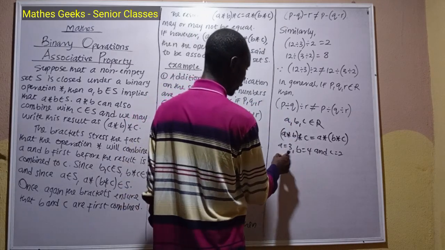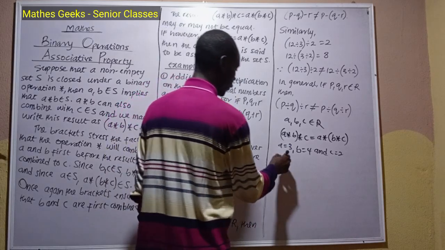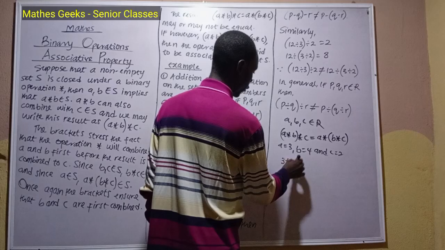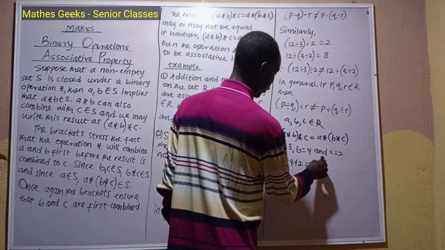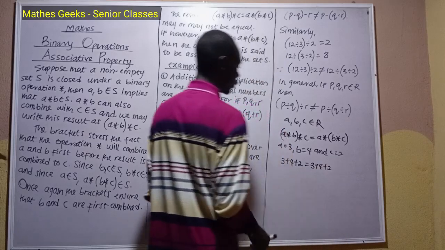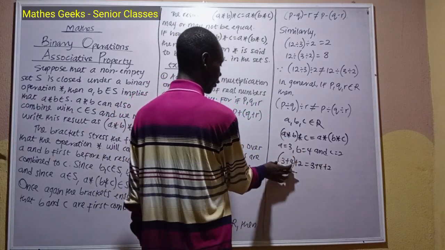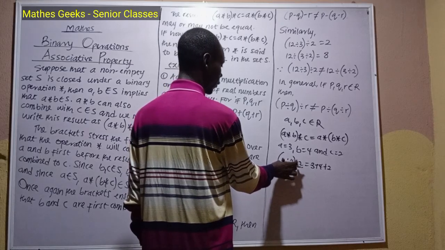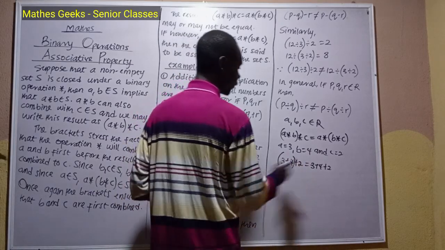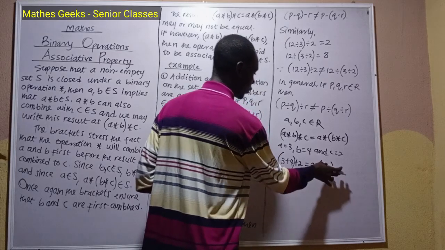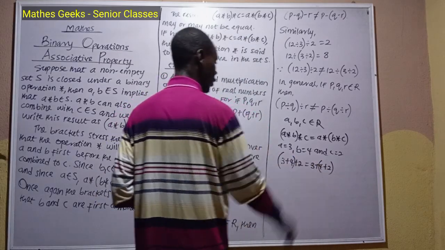Let's take the operation addition. So we have (3 plus 4) plus 2 and 3 plus (4 plus 2). When we talk about associativity, we mean if we start with these two first, and then add the result to 2, would it be the same as when we start with the last two first, before adding the result to 3?